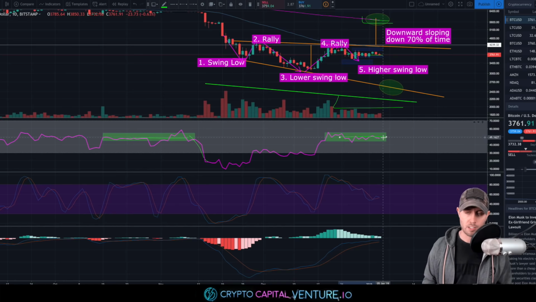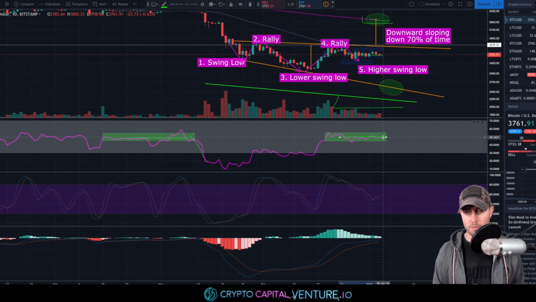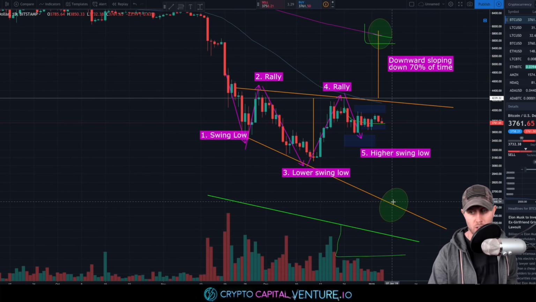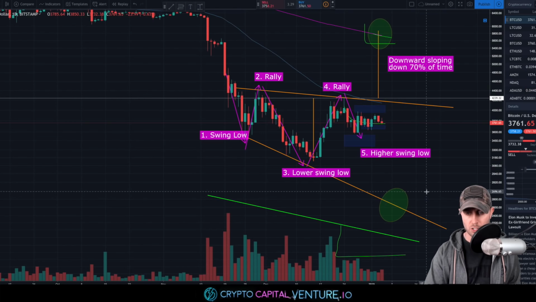So, playing into the story of this possibly weak inverse head and shoulders, I would take caution and be ready for anything. Be ready for a new lower low, with our downside target that we've been talking about on this channel, down here in the $2,500 to $2,800 area. So find your risk tolerance, make your decision, but be prepared either way.